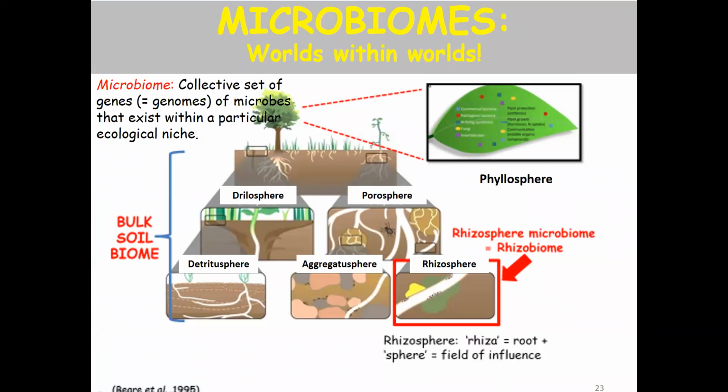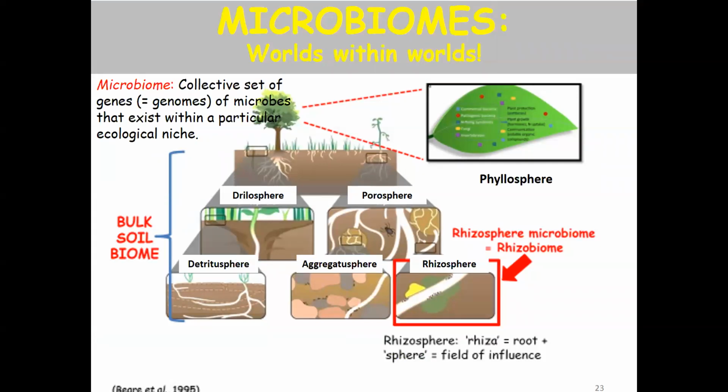And they are actually a collective set of genes or genomes that exist within a particular ecological niche, be that on a leaf of a plant, either the phyllosphere or the drilosphere, in other words, the little tunnels that earthworms make, the pores in soil, the detritus, the aggregates. But the most important microbiome is the rhizosphere microbiome or the rhizobiome.